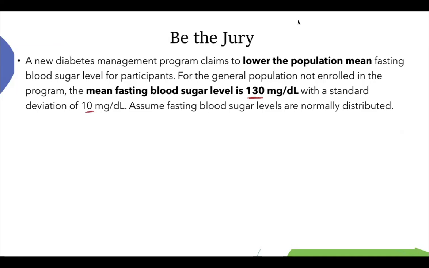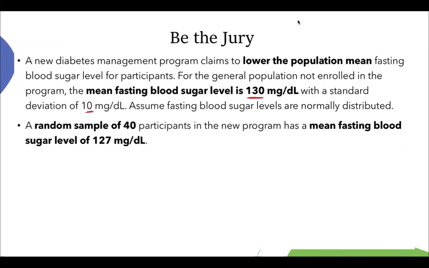Assume fasting blood sugar levels are normally distributed. A random sample of 40 participants in the new program has a mean fasting blood sugar level of 127. So we're given a sample size of 40, and a sample mean of 127.